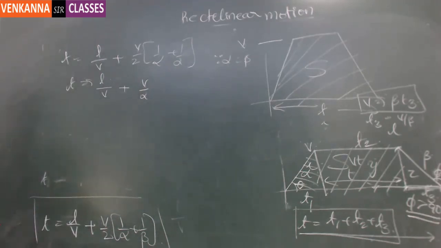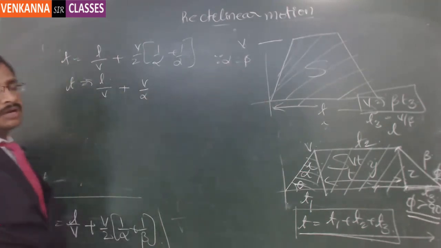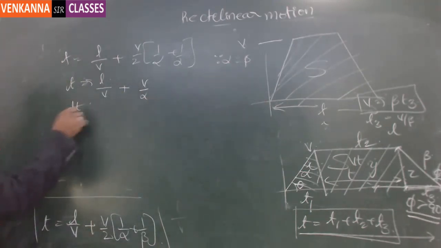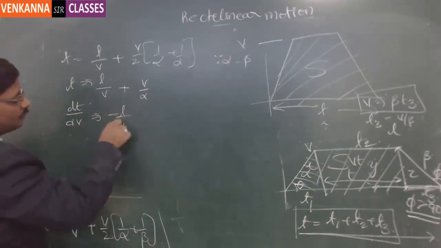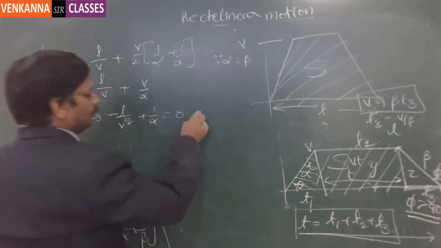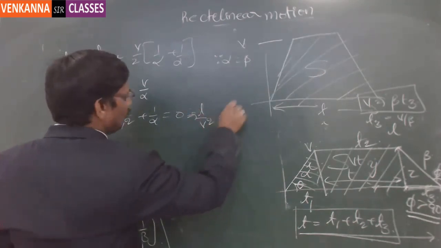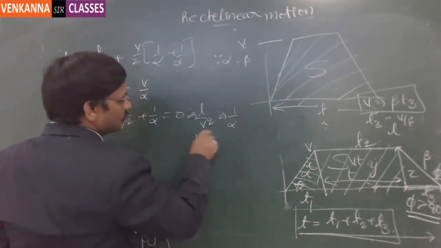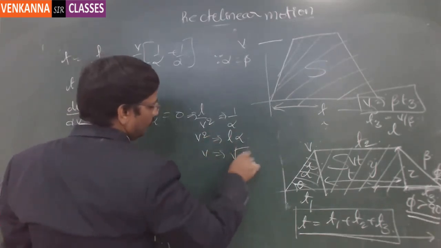Now from this relation, T and V are the variables. From that graph we can make out. So dT by dV equal to minus L by V square plus 1 by alpha equal to 0, or L by V square equal to 1 by alpha, or V square is equal to L alpha, or V is equal to square root of L alpha.